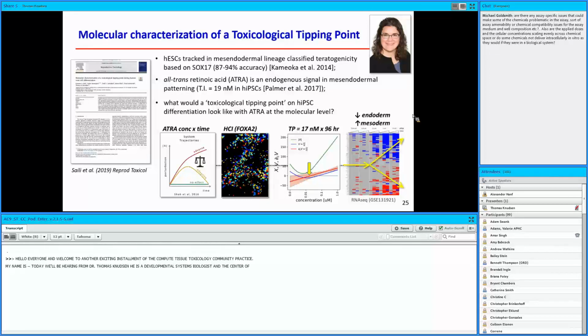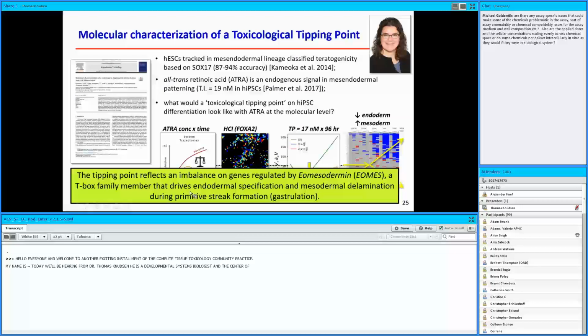And we know that retinoic acid, which was our most potent compound, is an endogenous signal in mesendodermal patterning. So we asked the question, what would a toxicological tipping point look like for retinoic acid on stem cell differentiation? And I won't go through this. We did that work with Imran Shah's group and published that last year.